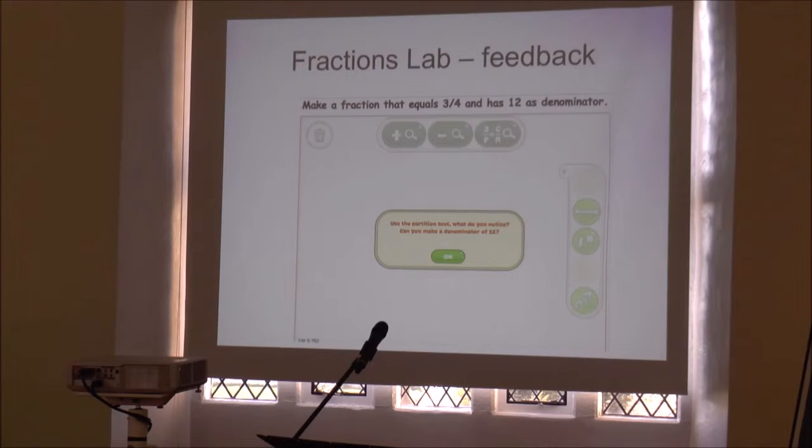In fact, I just realized this is an old version. It also had a robot that makes it look a little bit nicer. So here you can see one example of the task. It says make a fraction that equals 3/4 and has 12 as a denominator. So it would start from a blank canvas, and the student has to build this task.